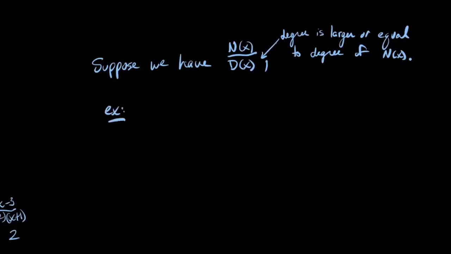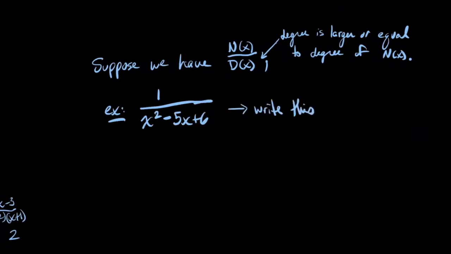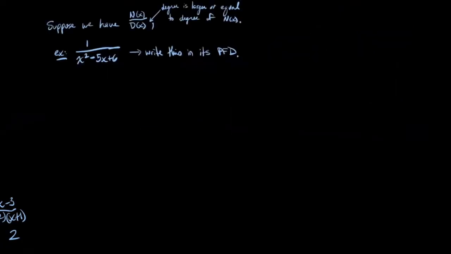So let's say we have 1 over x squared minus 5x plus 6. And we want to write this in its partial fraction decomposition. So notice that if we factor this thing, 1 over x squared minus 5x plus 6, it's going to be 1 over x minus 3, x minus 2.